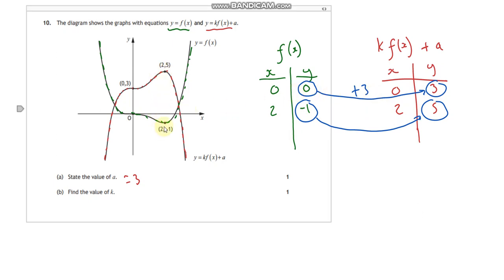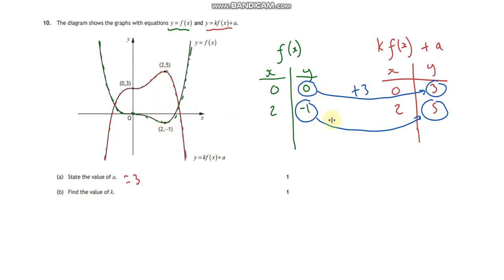So I've multiplied it by something, then I'm adding on something. So I'm timesing it by something, and then I'm adding the 3. If we work back the way, 5 take away 3 would give me 2. So how do I get from negative 1 to positive 2? Well, I must have timesed it by negative 2. Let's just double check that.